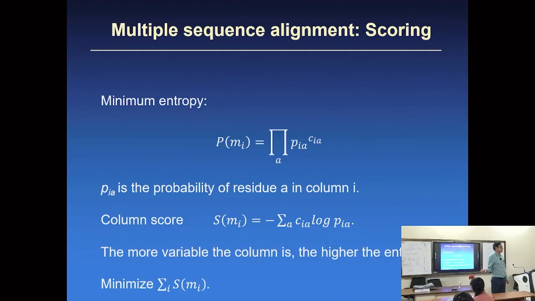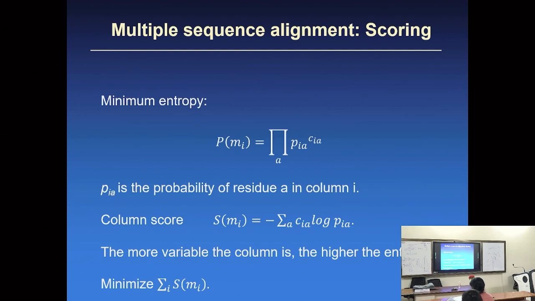More conservation, less score. 0 is the best, and as it increases, it indicates that there are more substitutions in the multiple alignment. So this is one metric for computing the score of the alignment.